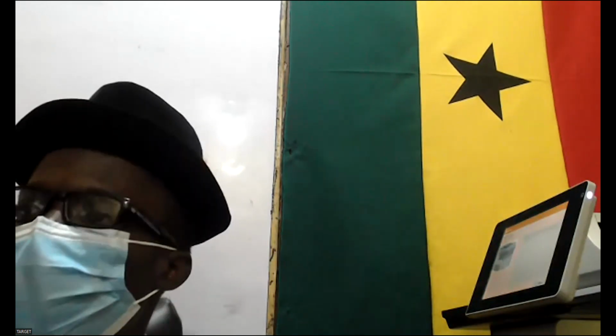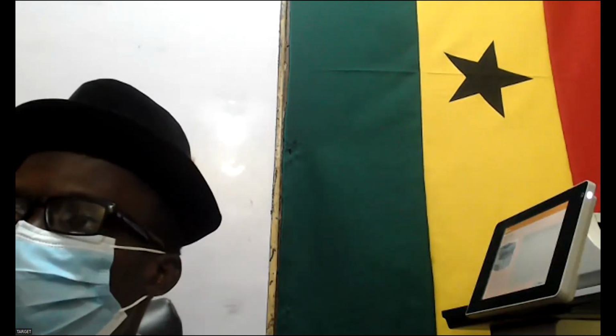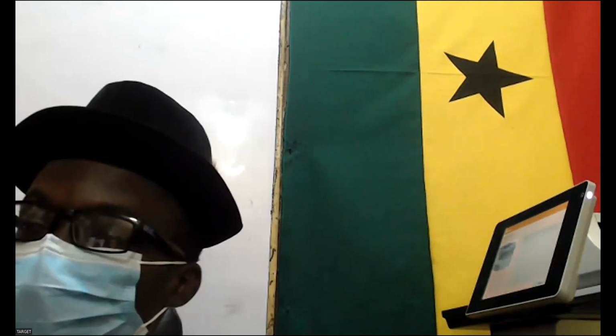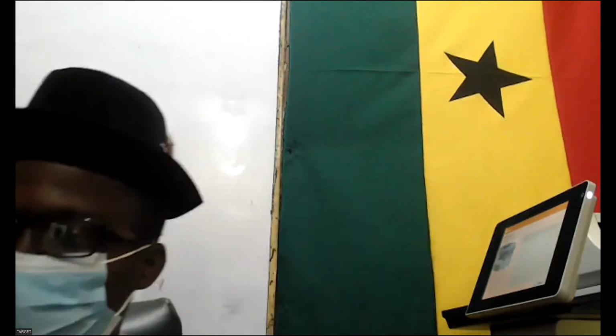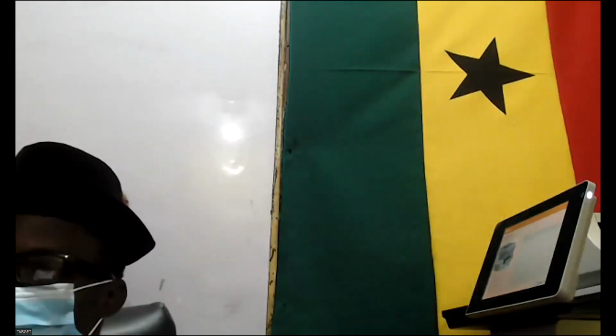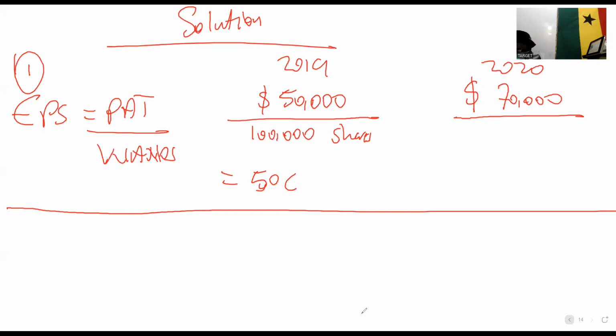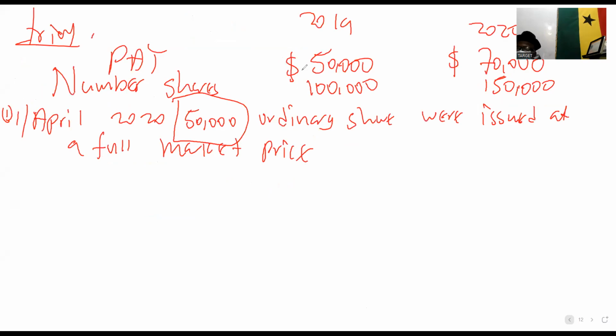The standard says that not all the shares contribute to profit, so we must weight the average at the end of the reporting period. Why do we weight average? Because look at the shares. After the year starts, there are 100,000 shares. Along the line, they issue an additional 50,000. So the shares outstanding at the end of the year was 150,000.